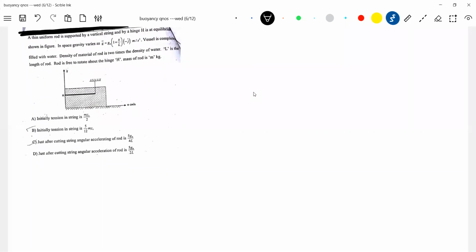The gravity is g naught (1 plus x by L) in the minus j direction. The vessel is completely filled with water. The density of the material of the rod is 2 times the density of water. L is the length of the rod. The rod is free to rotate about the hinge. Find the initial tension in the string, and the angular acceleration of the rod just after cutting the string. So g is variable.